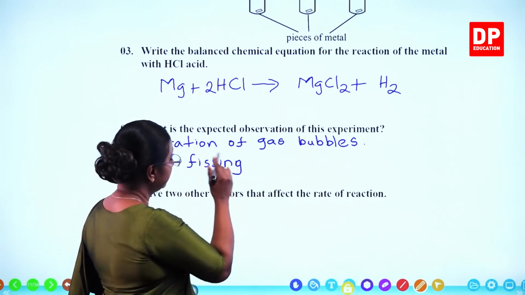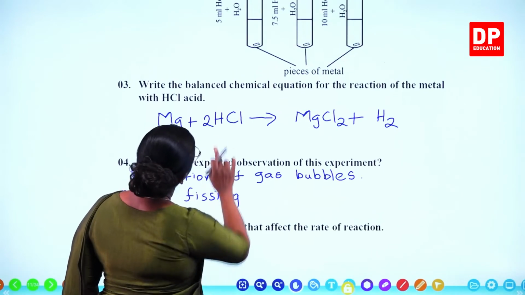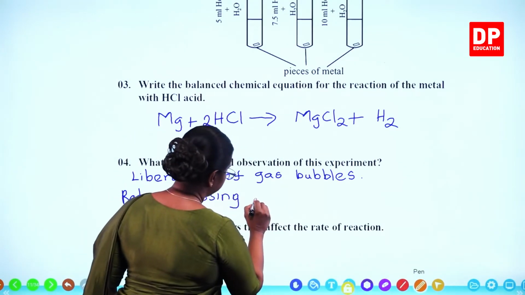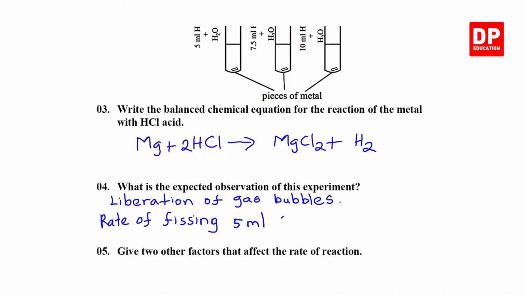Rate of fizzing will be slow when it is 5 milliliters, then it will be more when we use 7.5 milliliters, and it will be the highest when we use 10 milliliters of HCl.